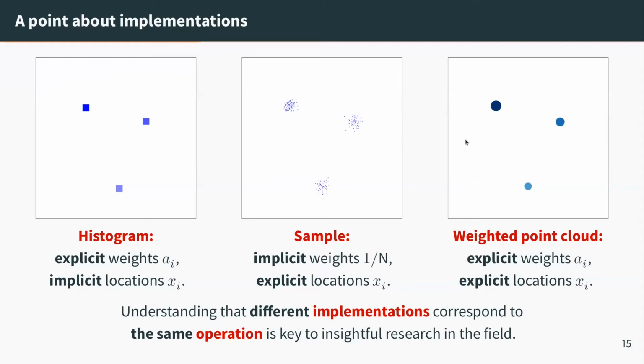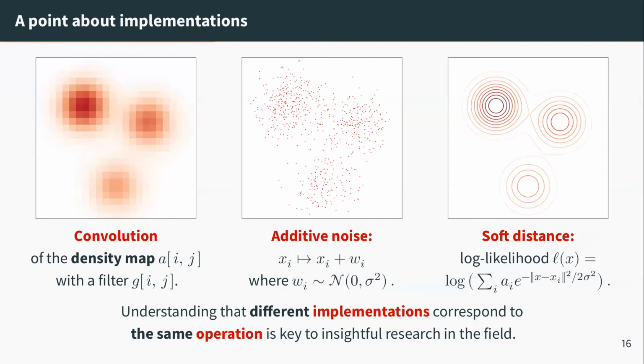And finally, if I want to encode it as a weighted point cloud, then I have 3 pairs of coordinates, x1, y1, x2, y2, x3, y3, with weights that correspond to the values that were in my histogram. So this is the same object. And what does it mean to convolve this distribution with a Gaussian? Well, you can implement this idea in 3 different ways.